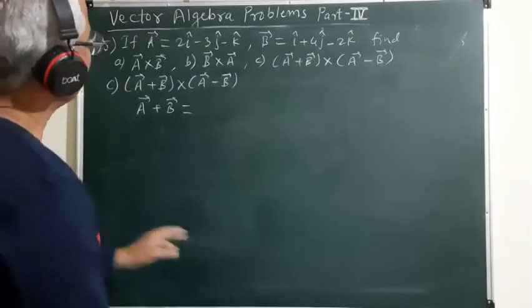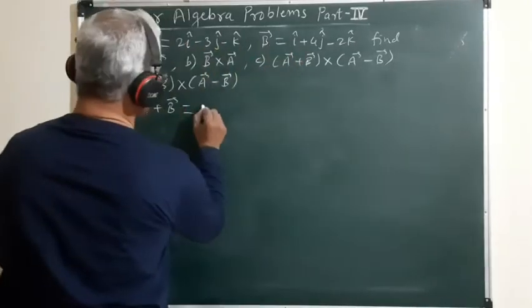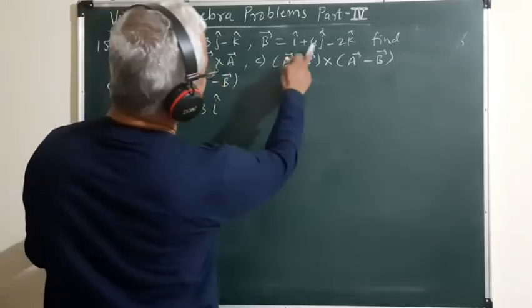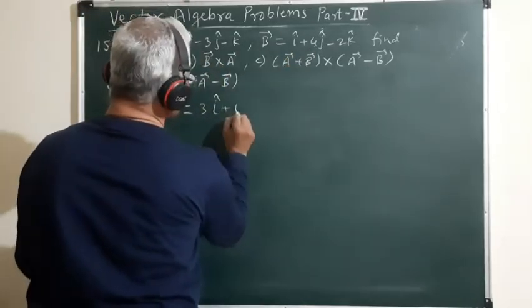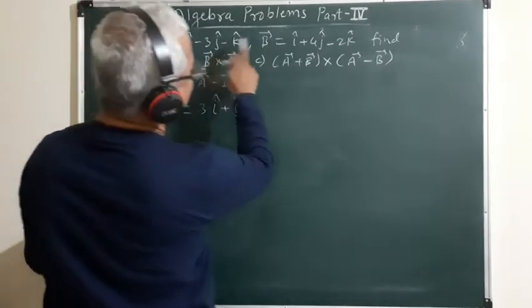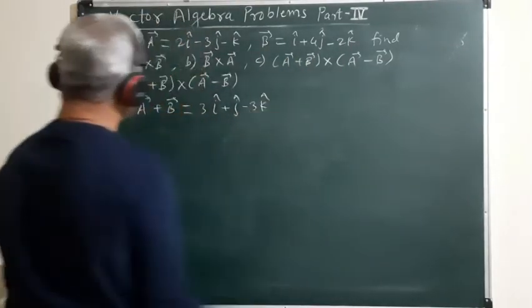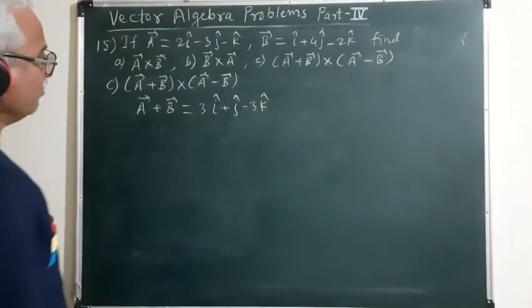A bar plus b bar will be 2 plus 1 is 3 i cap, minus 3 plus 4 is plus 1 j cap, minus 1 minus 2 is minus 3 k cap. This is a bar plus b bar.